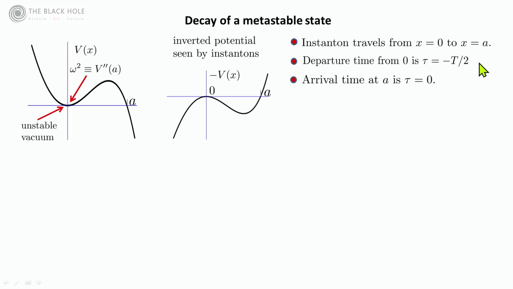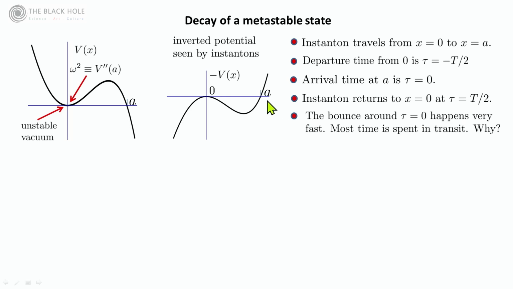It arrives at this point A at time tau equal to 0. And it then goes back to 0 at time tau equal to t by 2. Remember that at the end, we're going to take this t to go to infinity.